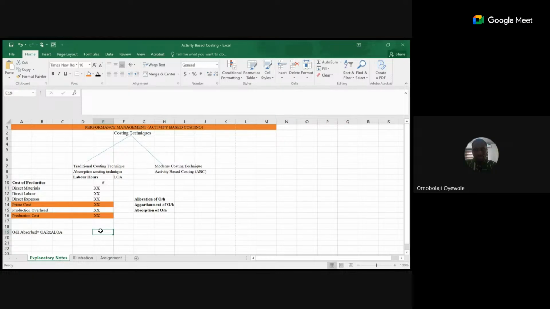Looking at that, we now look at something that can give more clarity on the total cost that has been incurred. So imagine that I incur an overhead of, let's say, 5 million.